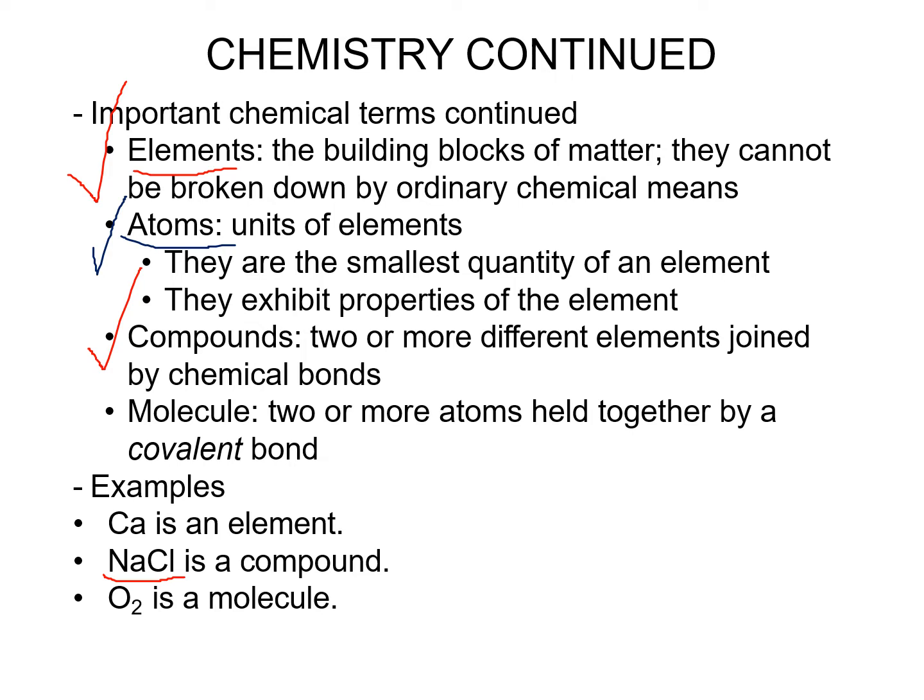The Na is sodium, and the Cl is chlorine. When you put them together, they create an ionic bond, which basically means that electrons, the small particles on the outside of the atom, are stolen or moved from one atom to another. They create this bond, or this kind of magnet effect, and they become a different structure.